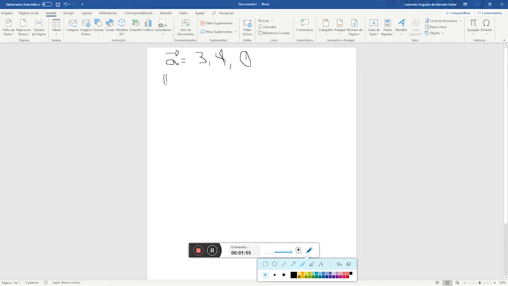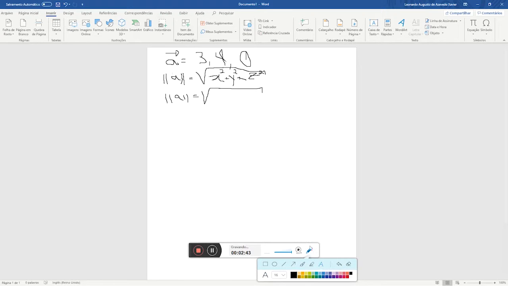So to find the length, it is the square root of x to the power of 2 plus y to the power of 2 plus z to the power of 2. So let's go there.